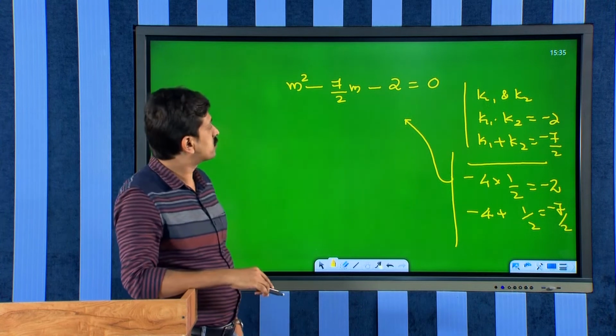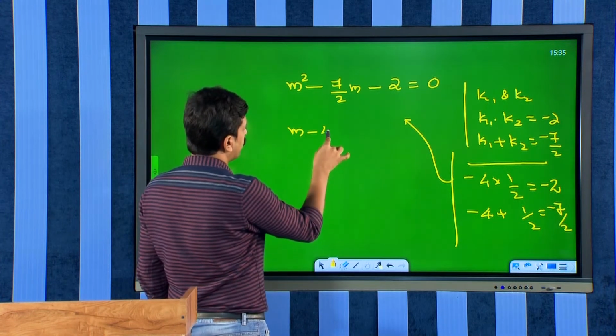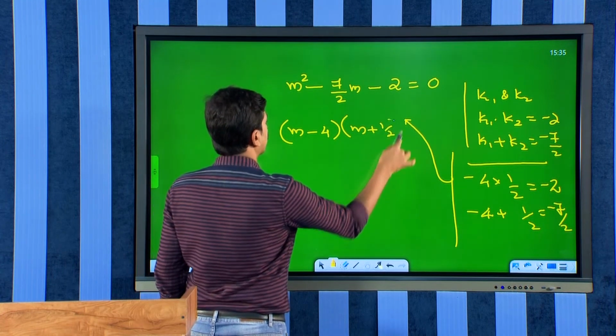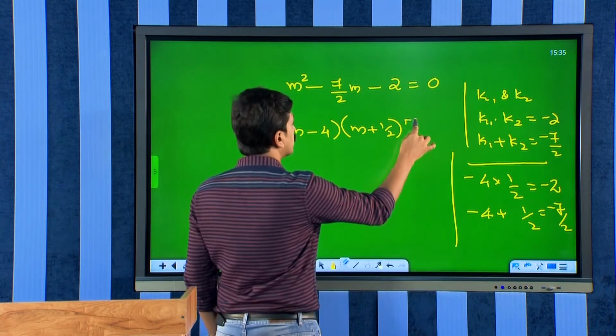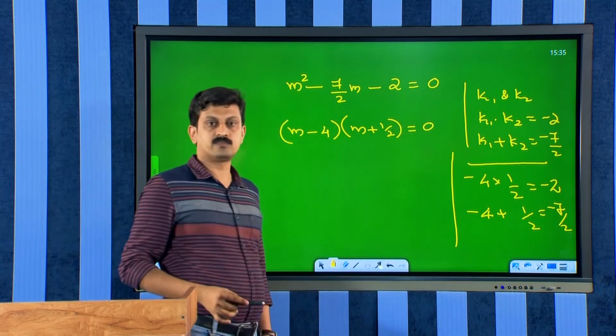Therefore, dear students, we will have (m minus 4) into (m plus 1 by 2) equal to 0. So, m minus 4 equal to 0 and m plus 1 by 2 equal to 0.